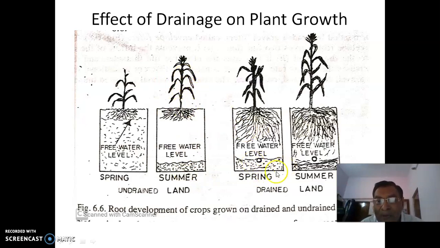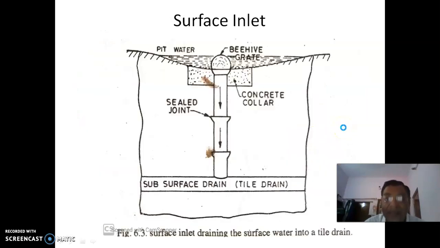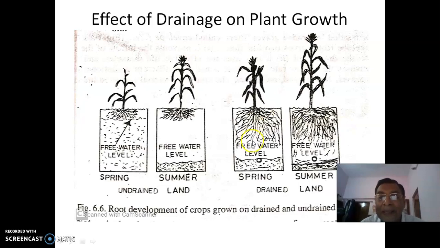Whereas here is the drained land. You have given good drainage both in spring as well as summer. Compared to the spring, in the summer the water level is down and the soil is much more aerated. You can see the root development here compared to here.